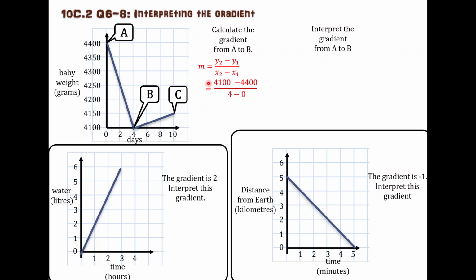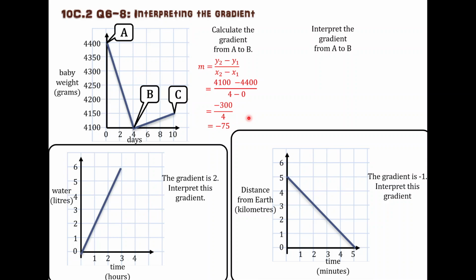On the top, 4,100 take 4,400 is negative 300, and on the bottom, 4 take 0 is just 4. We can simplify this further because 300 divided by 4 is 75. And a negative and a positive make a negative. So the gradient is negative 75.